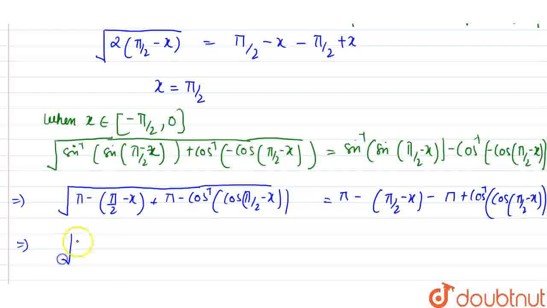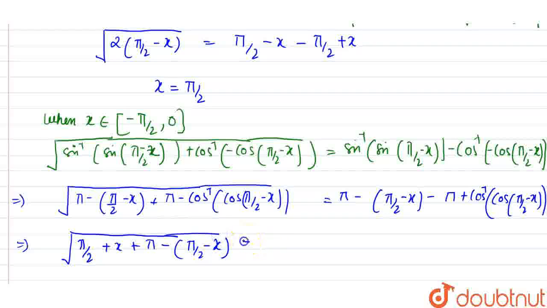So now let's do more simplification. It is better to solve this thing. So it is pi by 2 plus x plus pi, and again minus pi by 2 minus x, right guys? So the same on the right hand side, it is pi by 2 plus x minus pi plus pi by 2 minus x.